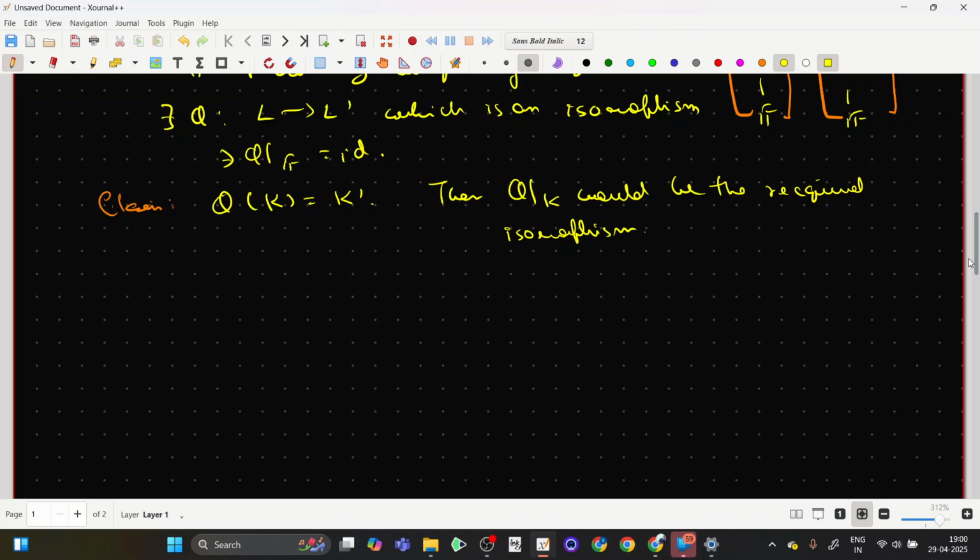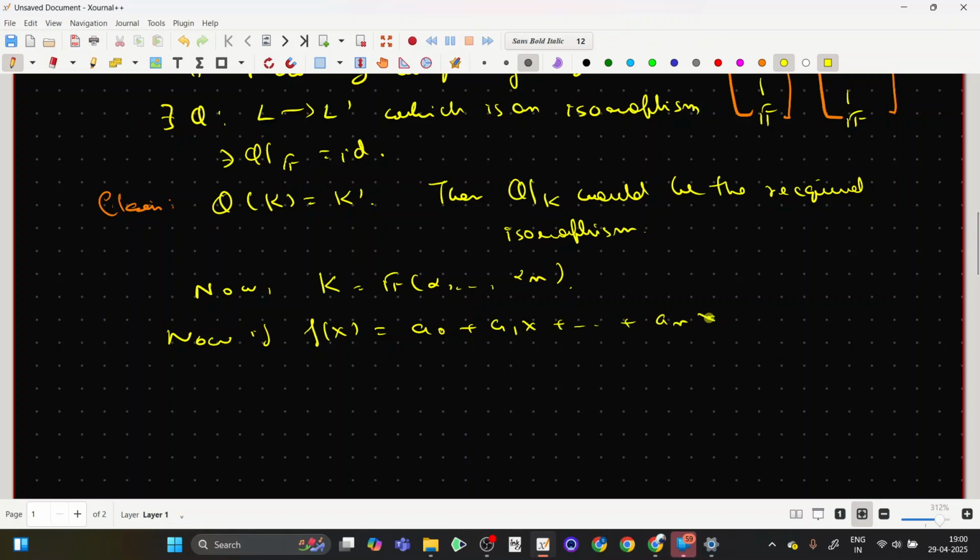Now what we already know is that K is the splitting field over F, right? So K is F adjoin the roots of small f. Now if I can write f of x as a naught plus a1 x, and so on and so forth, till a n x to the power n, where each ai comes from F, then what is f of alpha i?